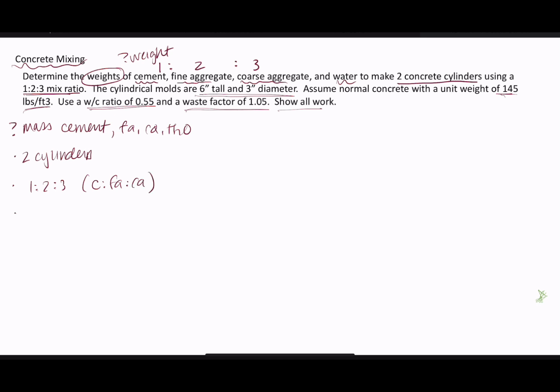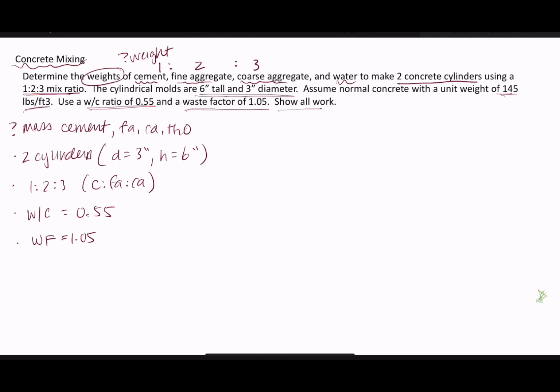We also know that for my cylinder, the diameter equals 3 inches and my height equals 6 inches. We also know that our water to cement ratio, when we're ready for it, is 0.55, and that my waste factor is 1.05. Another way to say that is that 5% is extra, how much extra we should budget.